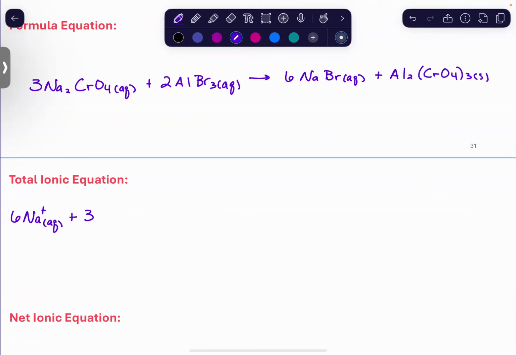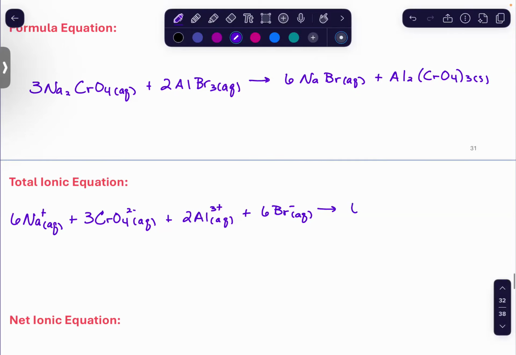Then I'm going to have 3 chromate ions. I'm going to finish writing this out, but you get the point. See, 2 of the aluminum bromides at 3 bromides apiece. That's 6 bromide ions. Now the other side. So 6 sodiums.